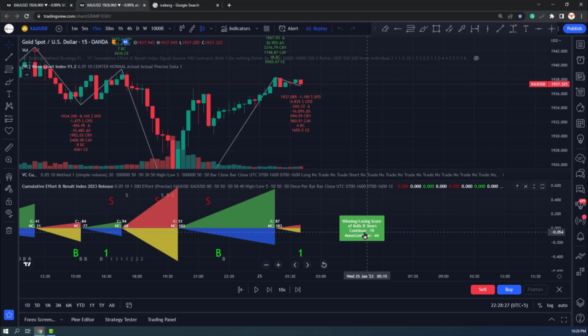What we have read is that if the wave is negative and the result is also negative, it means the price is going to reverse. So it double confirms that the previous wave is positive, results are positive, the next wave is negative, results are negative, so the price is going to go in the same direction as the previous wave.